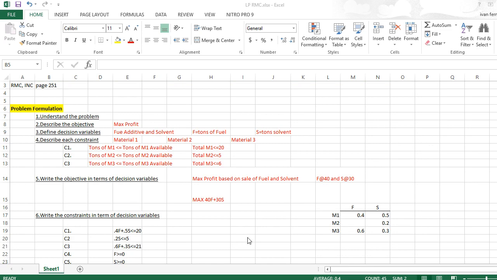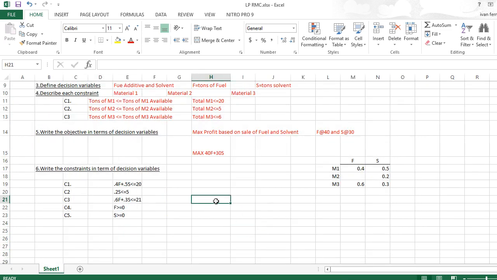All you need to do now is write it in an elegant way, which is going to be max 40F plus 30S, that's your objective. I have a hard time typing.